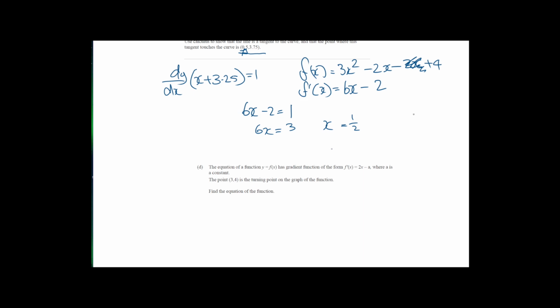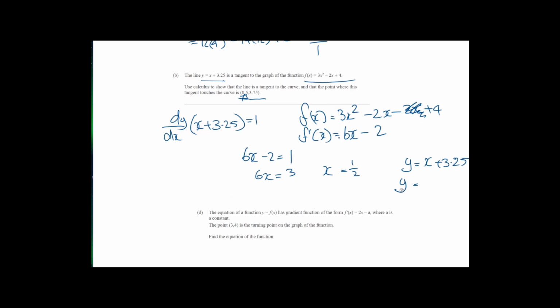Now do these two lines, y equals x plus 3.25 and y equals 3x squared minus 2x plus 4, when x equals half, do they have the same value?